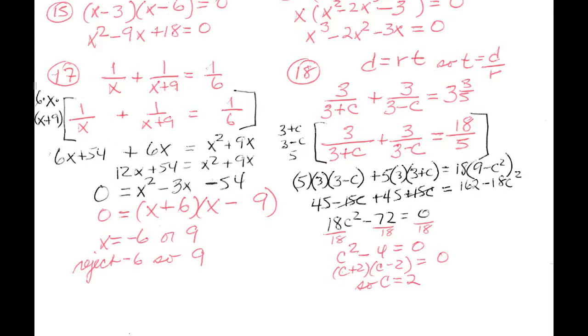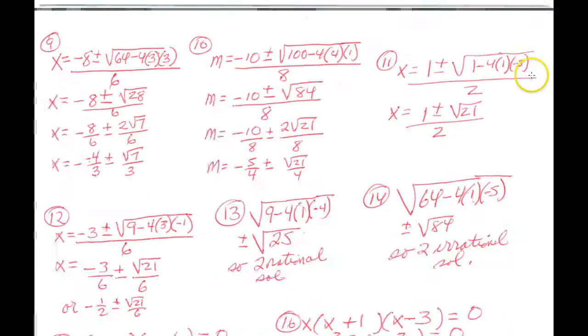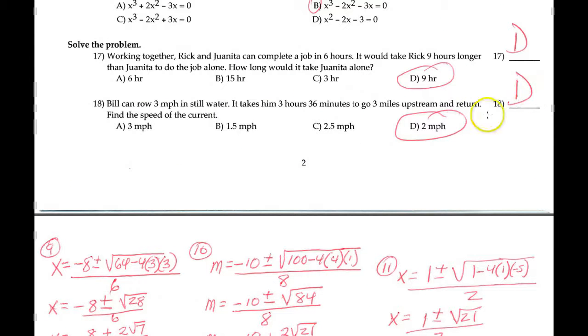Now, number 18, as we look at it, again, let's take a look at it here. Here we have Bill can row a boat 3 miles an hour in still water. If it takes 3 hours and 36 minutes to go 3 miles upstream and return, find the speed of the current.